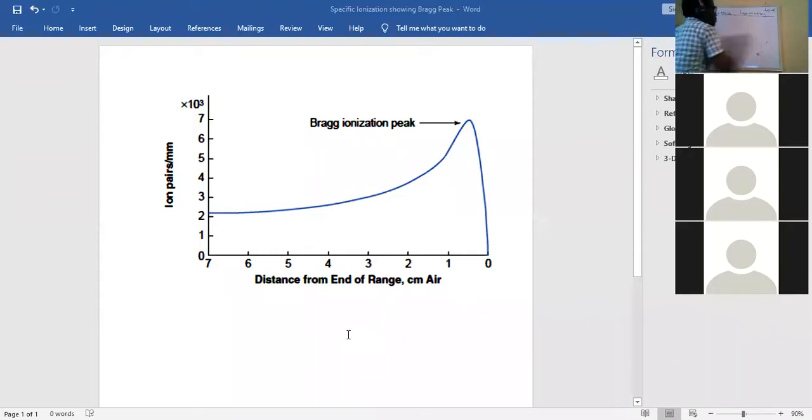So look at the diagram. This is the specific ionization. You can see the ion pairs per millimeter. Of course, specific ionization is measured in IP per millimeter, the number of ion pairs.